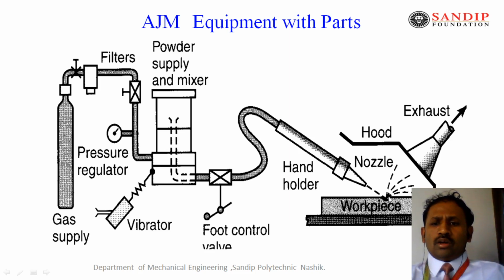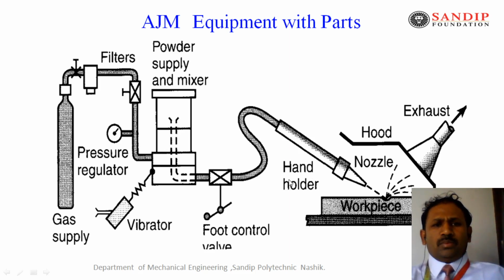When you observe grinding machines, when the grinding operation takes place, certain sparks are produced there. So for human safety, a hood is provided, and when the operation takes place between the nozzle and workpiece, it forms some heat, and that's why an exhaust is provided to remove the fumes.